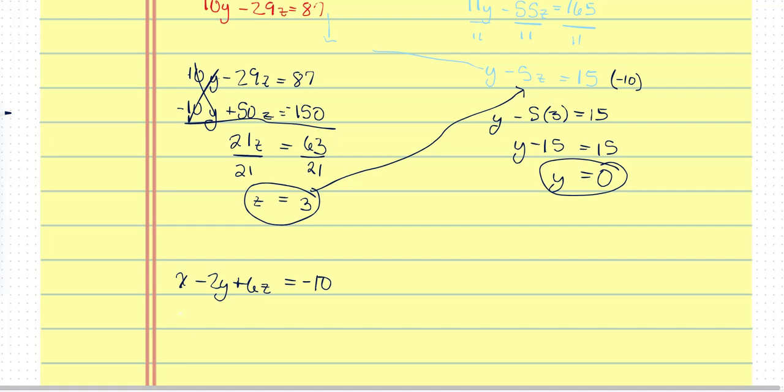So my x we don't know, that's what we're trying to find this time. My y was 0, so 2 times 0 plus 6 times 3 is equal to negative 10. That's gone. So I have x plus 18 is equal to a negative 10. Oops, this would be a negative 3. I lost my sign.